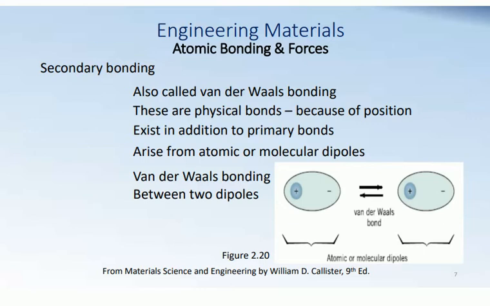For example, hydrogen bonding is a special type of secondary bonding in molecules with hydrogen as constituents.